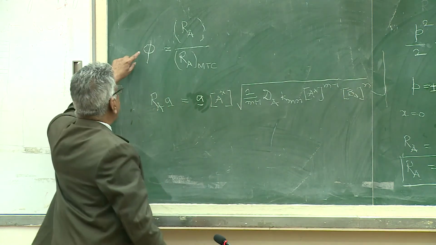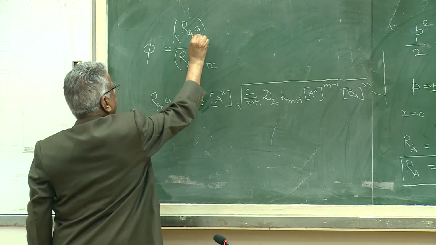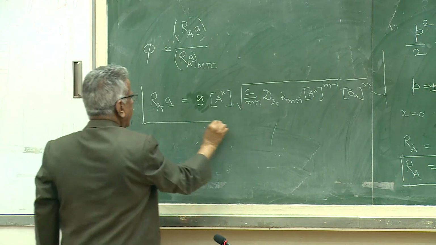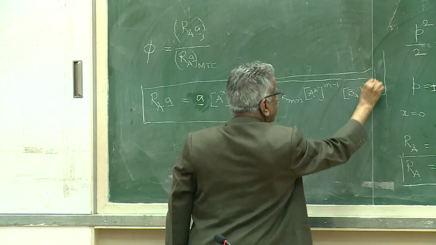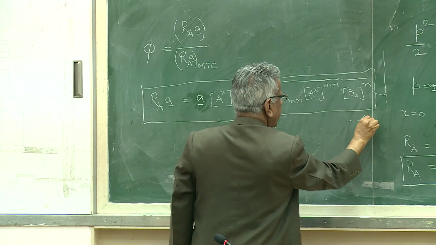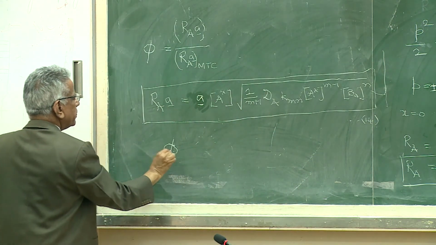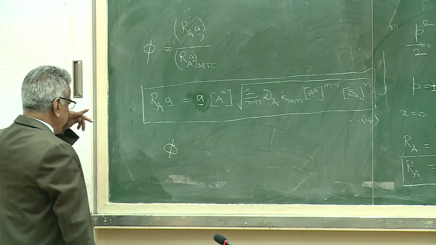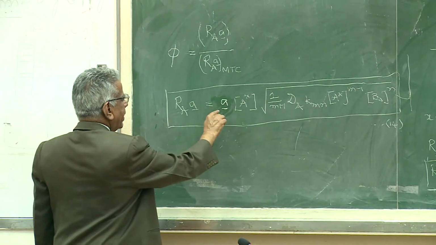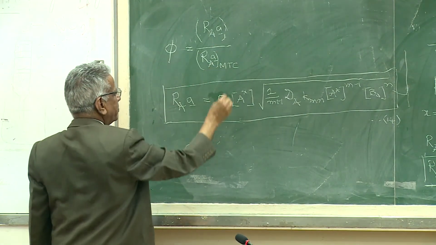So, I can always write phi like this, or I can write like this. And if I name this also as equation 14, then phi will become, I am not writing the intermediate step, this divided by equation 5 when mass transfer controlled.